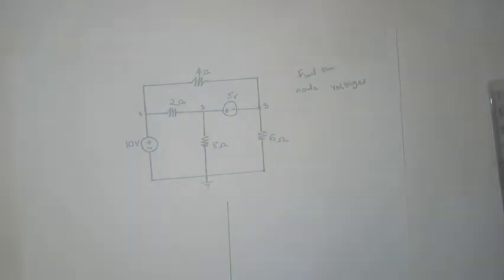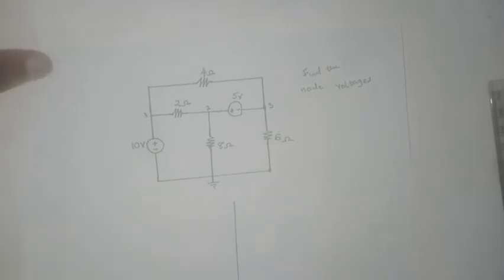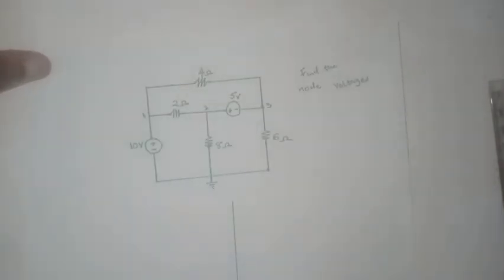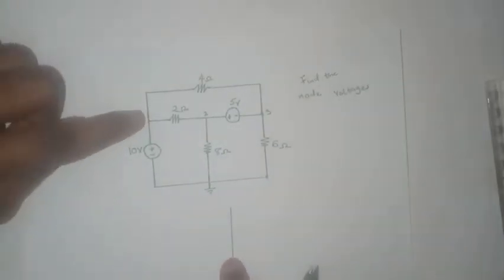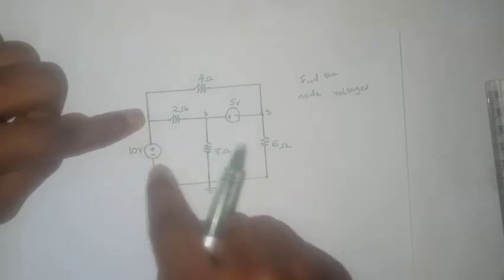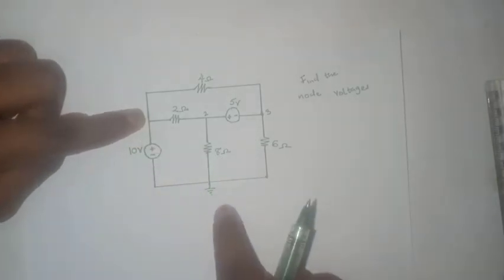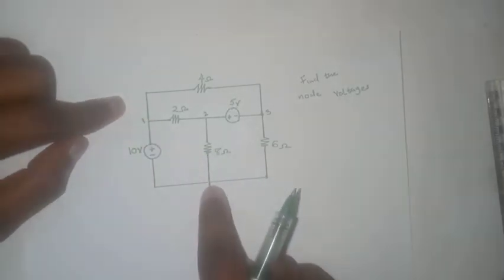So we proceed to writing the KCL equations, but we don't really need to stress ourselves at node 1 because of how node 1 is. You can see that a 10 volt power source has been connected between node 1 and the reference node.